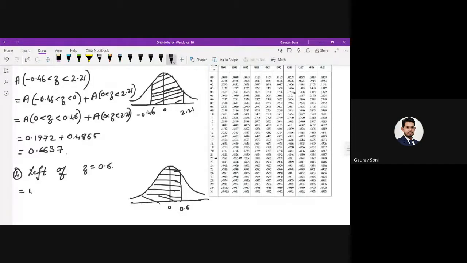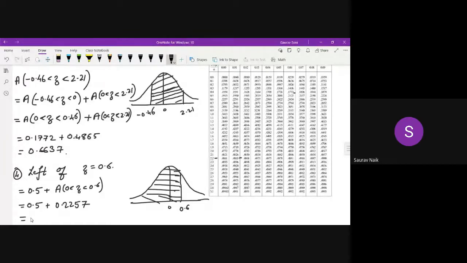Exactly. So this is equal to 0.5 plus area from 0 less than z less than 0.6. So that is 0.5 plus 0 to 0.6, that is 0.2257. So this is equal to 0.7257.